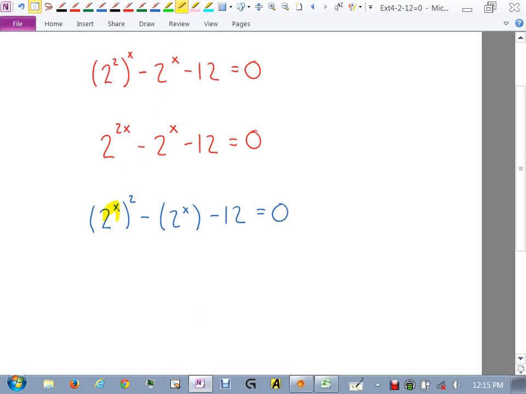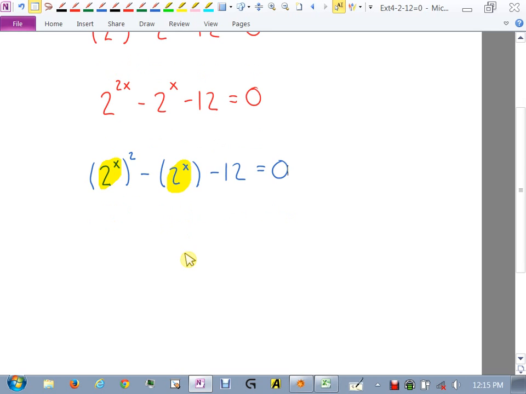Okay, squint your eyes. See the yellow here? They're the same thing. I'm going to make a substitution. I'm going to let u be equal to 2 to the x. And do you see what happens?